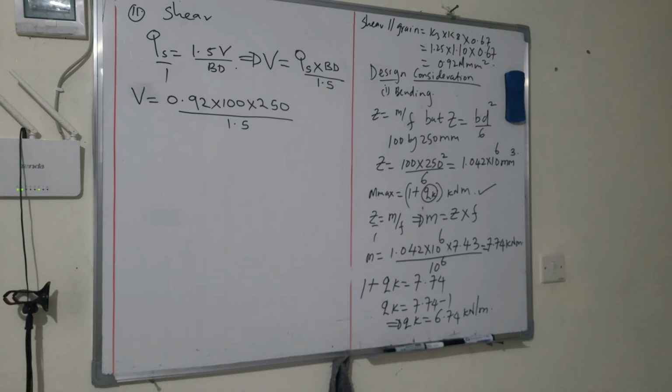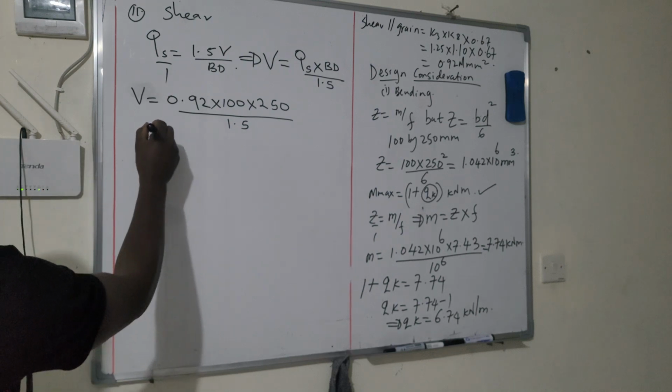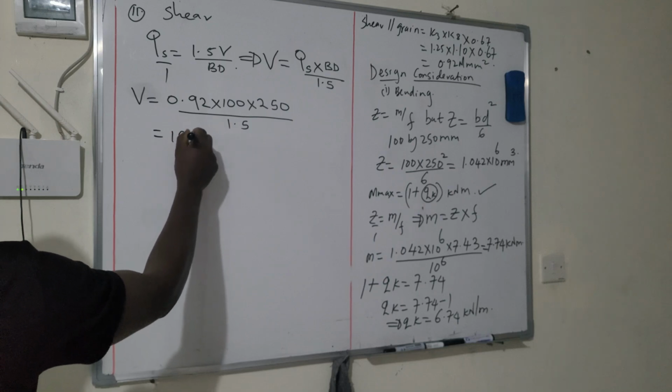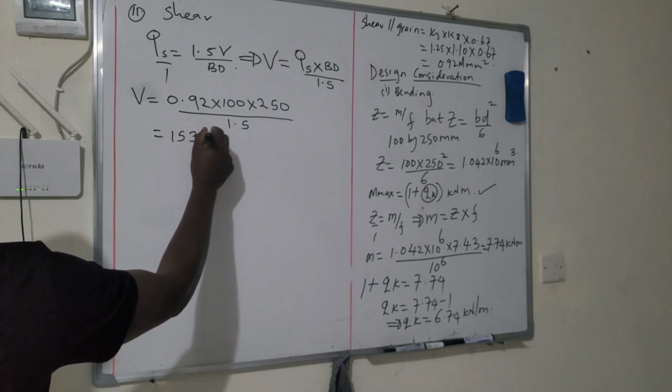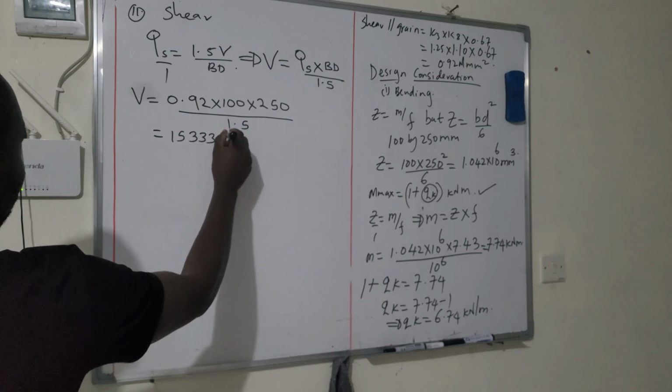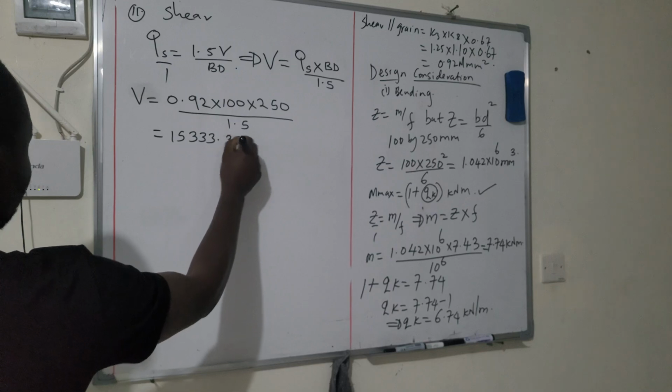Then you punch your calculator. So 0.92 times 100 times 250 over 1.5. So the answer is 15,333.33.